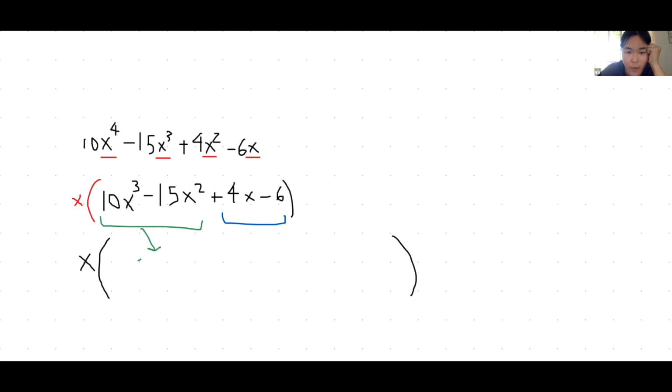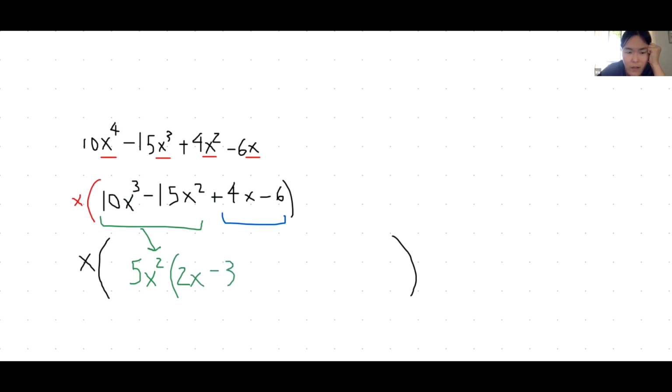And then from x cubed and x squared, what would be the largest common thing? Just x. 5x squared, yes. So then here I get 10x cubed divided by 5x squared is going to be 2x, right? And then minus 3.